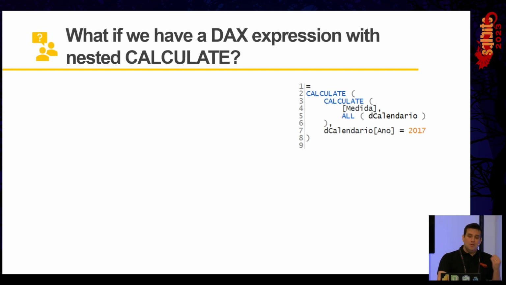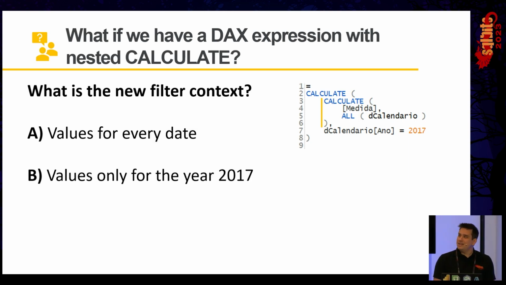So what if we have a nested CALCULATE? We have an outer CALCULATE and an inner CALCULATE. As we said, the expression for the outer CALCULATE is this one, and we have only one logical Boolean filter. What do you think the filter context will be? Will it be every date? What's the answer?